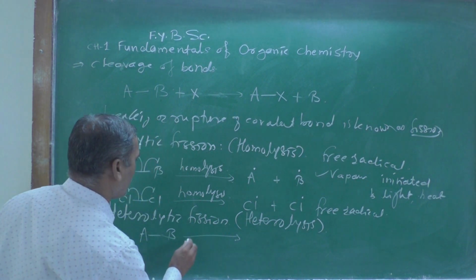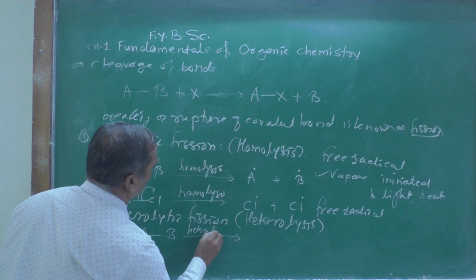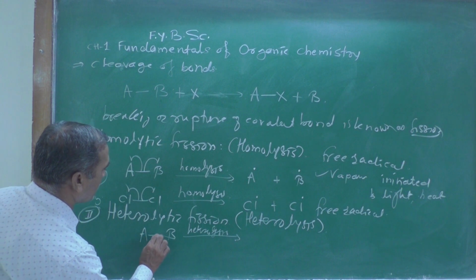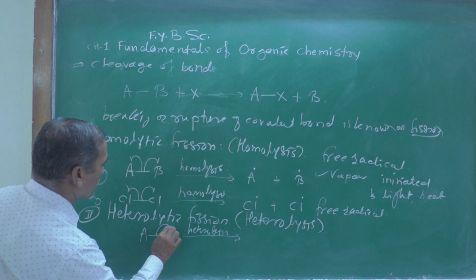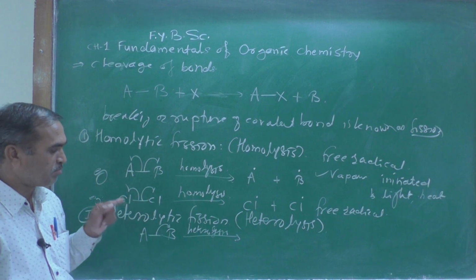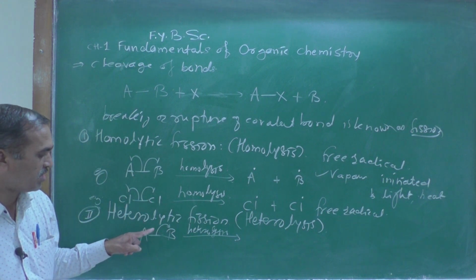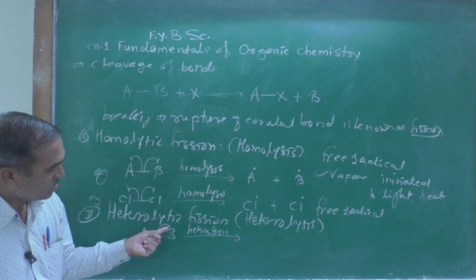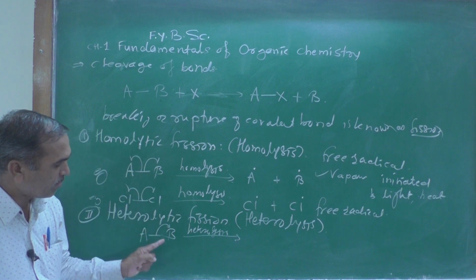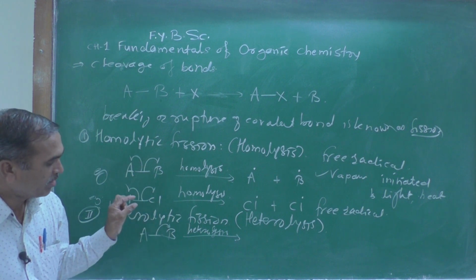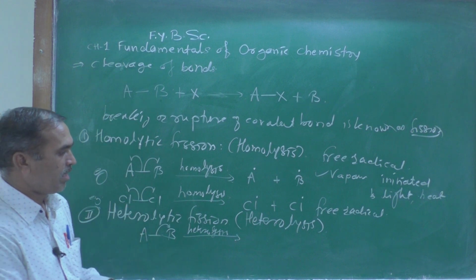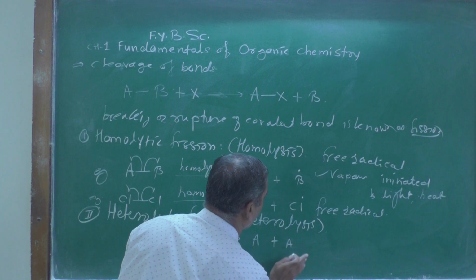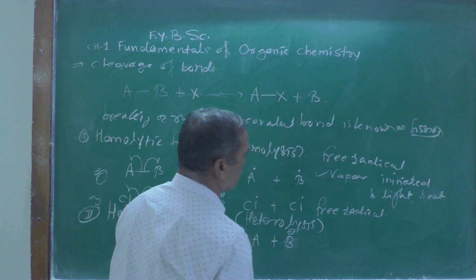Now in a heterolysis, what is going to happen here? I am showing the arrow. Observe this arrow carefully. What do you see here? This bond is nothing but sharing of 2 electrons. When I show this arrow, it means that this B atom takes both the electrons and acquires the negative charge.